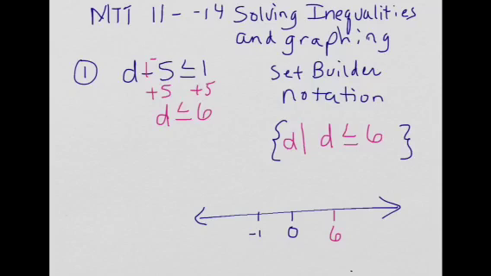Now we look at that 6, and because this is D is less than or equal to 6, it's going to be a solid circle, and the arrow is going to be pointing towards the numbers that are less than or equal to 6. Remember that if you have solved for the variable on the left, you can imagine that arrow in the inequality sign, and it's going to point the direction that your graph should be going.